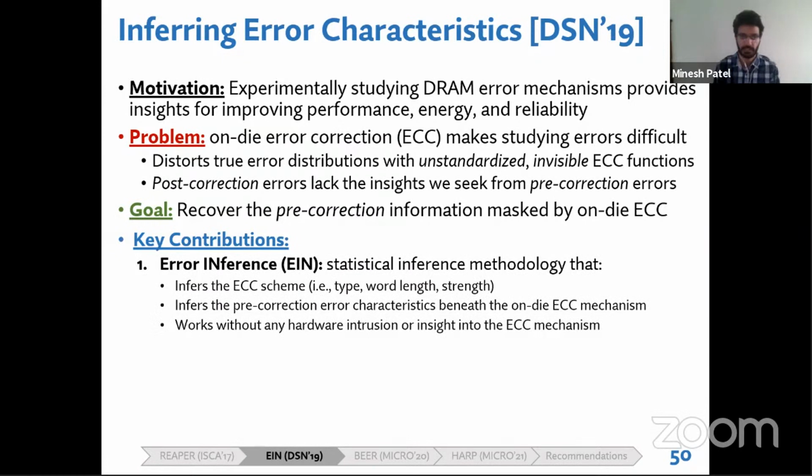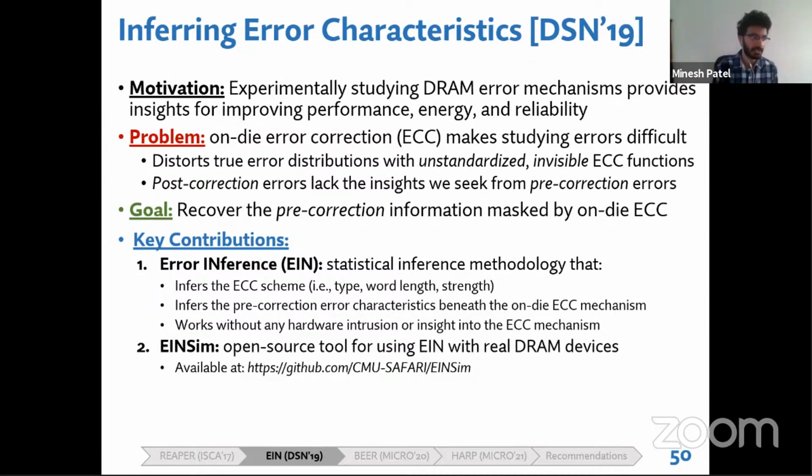First, we introduce error inference, or EIN, which is a statistical inference methodology that infers the ECC scheme used for on-die ECC. For example, this means the type of ECC used, the word length, its correction capability, and so forth. EIN also infers the pre-correction error characteristics beneath the on-die ECC mechanism, and in particular, the error rate. EIN works without any hardware intrusion or insight into the ECC mechanism.